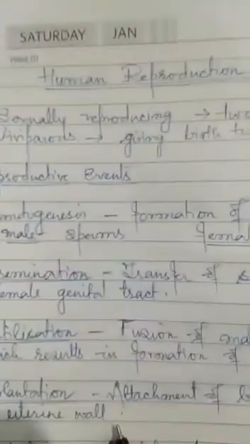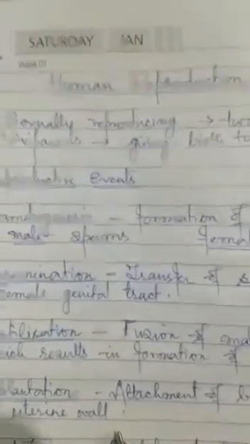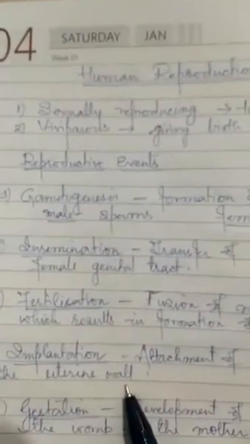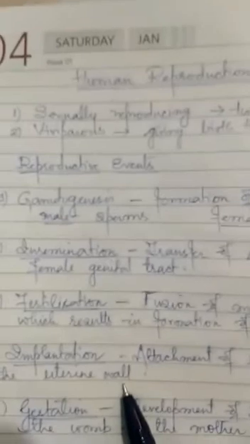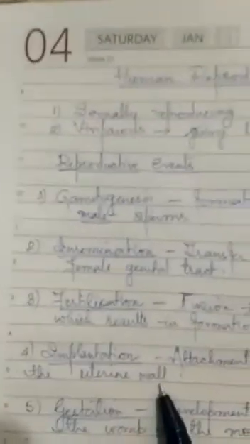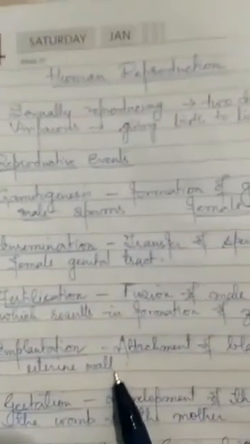Blastocyst then gets transferred to the female uterus and ultimately gets attached to the wall of the uterus. This process is known as implantation. So what is implantation? Nothing but the attachment of blastocyst with the uterine wall.